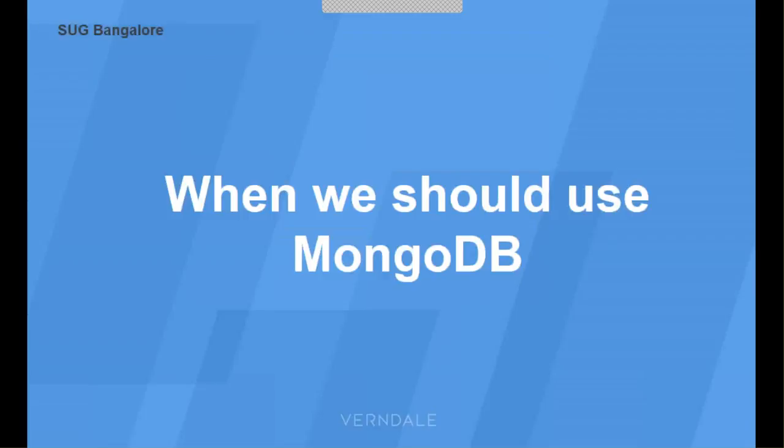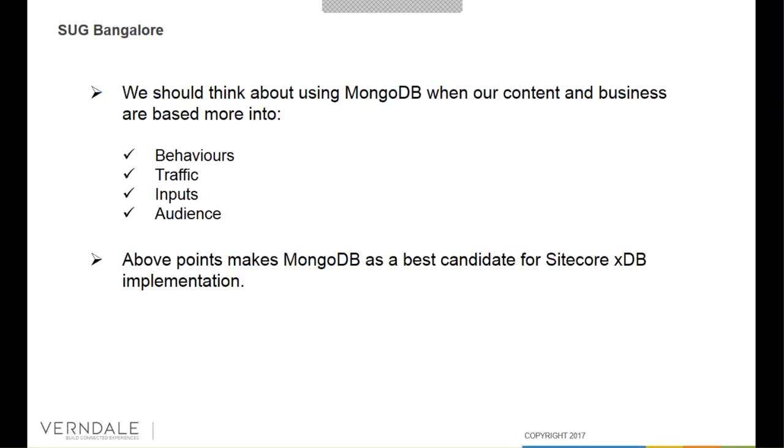So when should we definitely use MongoDB? I think we have mostly covered that. It's based on our users. If we want to track from where exactly we are getting more traffic, based on location, user preferences, what search keywords they are using, their behavior, which pages they are visiting and which pages they are spending more time on.